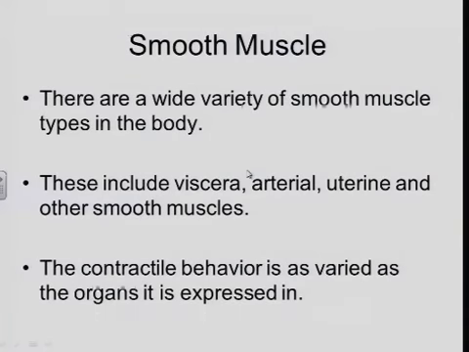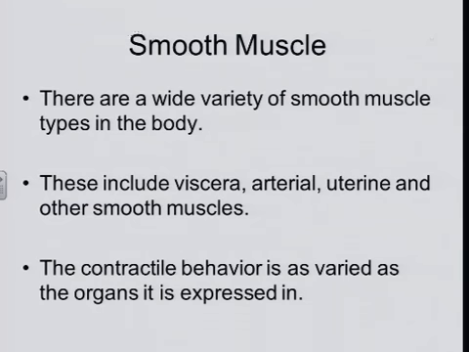Smooth muscle. Now, I can't really do justice to smooth muscle in the time allotted. It is really not one thing. There are a lot of different types of smooth muscle all over your body. They're in your viscera, so your digestive system, your intestines, your stomach. For half of the class anyway, they're in your uterus, uterine muscle.